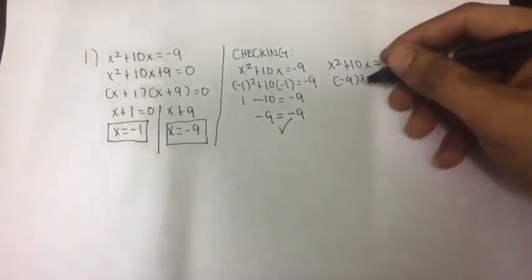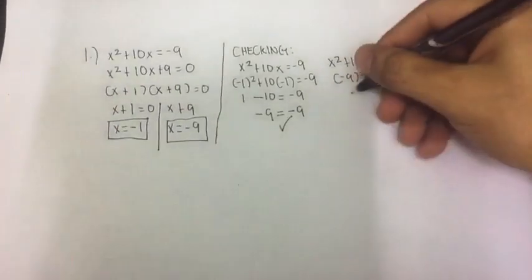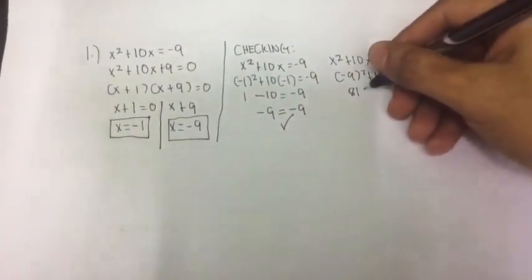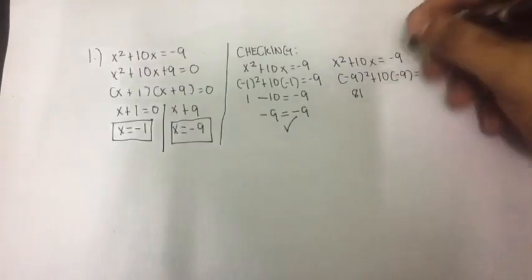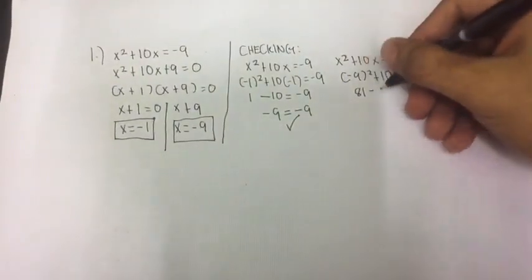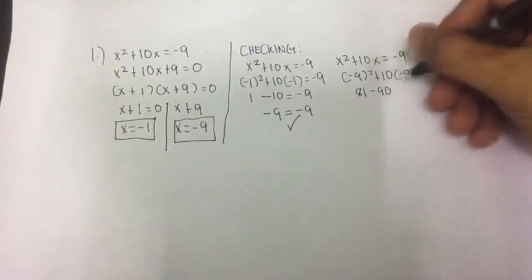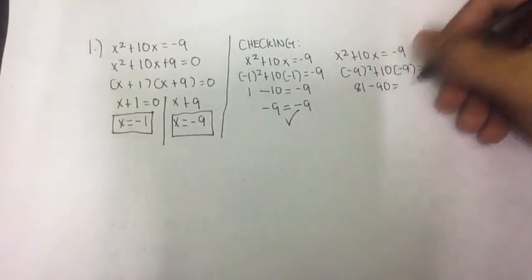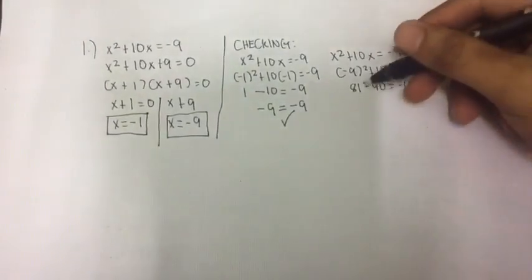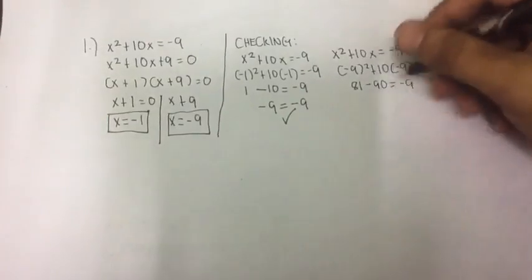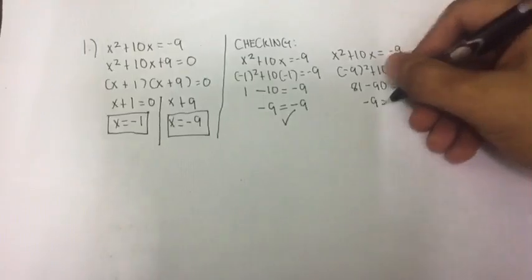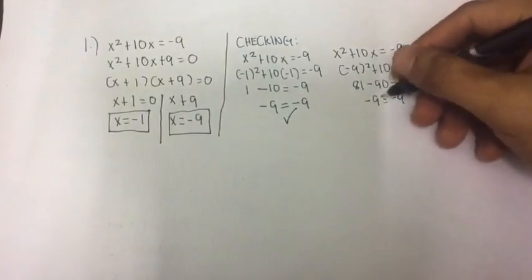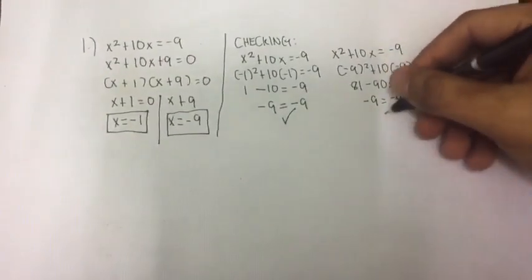Negative 9 squared is equal to 81. And 10 times negative 9 equals negative 90. 81 minus 90 equals negative 9, the same, and it means it's correct.